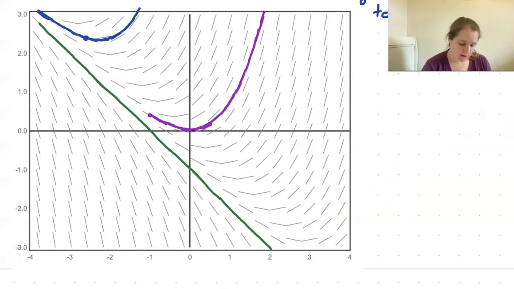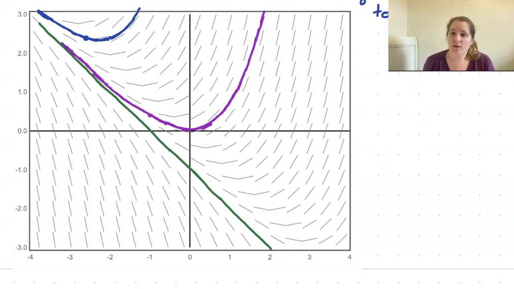And then if we backtrack, as we work our way left, it looks like we'd come in along the green line I drew. We shouldn't ever cross that green line because those points go perfectly along that diagonal green line we drew.